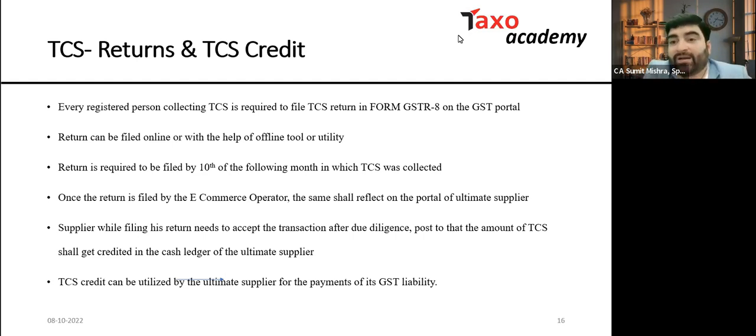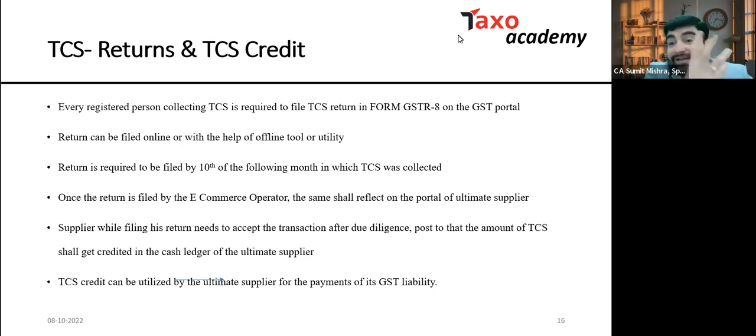He has to pay the tax as well as file the return by 10th of the following month. For example, if the transaction took place on 30th of October, he has to file its return by 10th of November by depositing the tax. Without depositing the tax, he cannot file the return. So both things have to be done simultaneously: depositing the tax and filing the return of TCS.